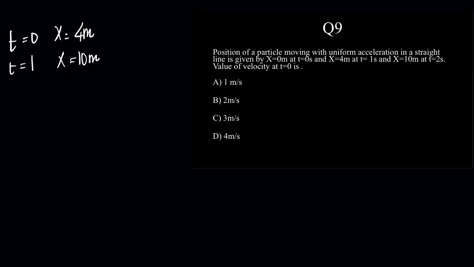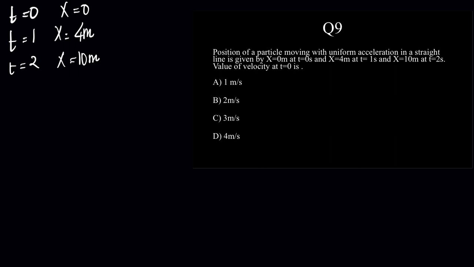It should be t is equal to 1 here, right? Okay. So we have one more value. t is equal to 0, x equal to 0, t is equal to 1, x equal to 4 meters, and t is equal to 2, x equal to 10 meters. Okay.